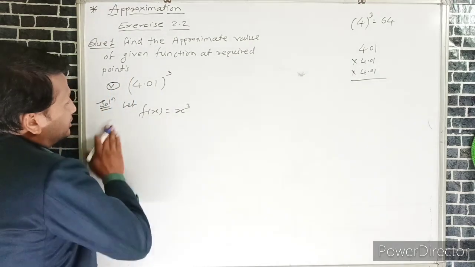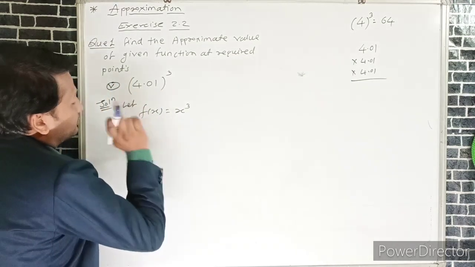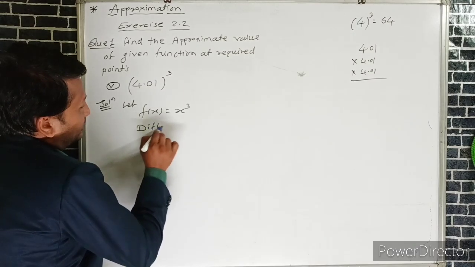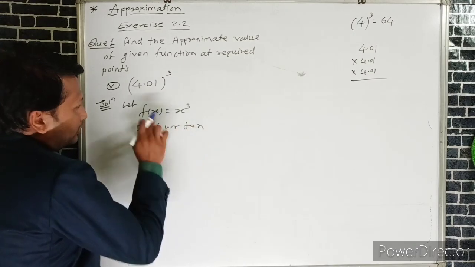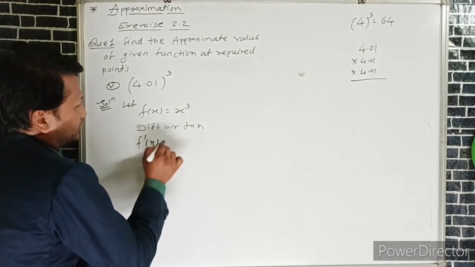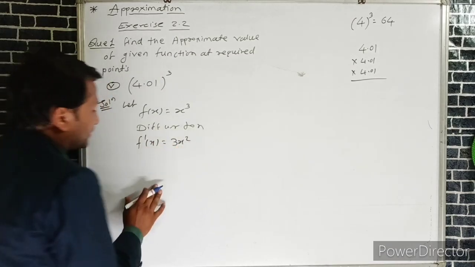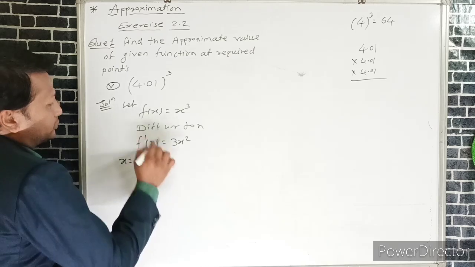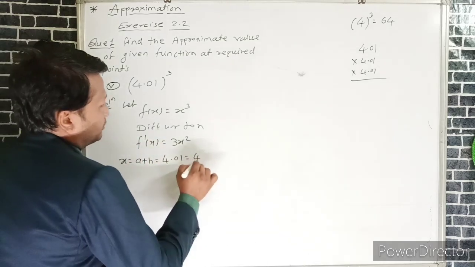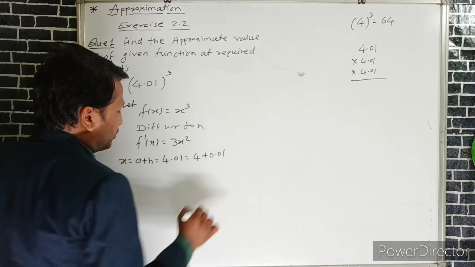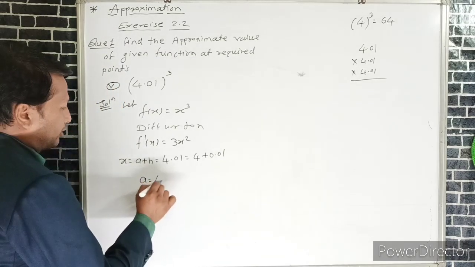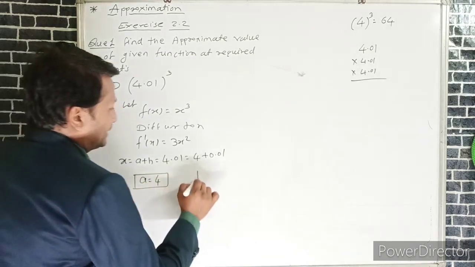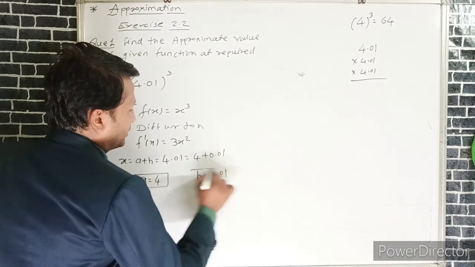So first we consider the function f of x equals x cube. If we differentiate with respect to x, the derivative f dash of x is 3x square. So here the value of x, or a plus h, which is 4.01, means 4 plus 0.01. Here we can say that a is 4 and h is 0.01.